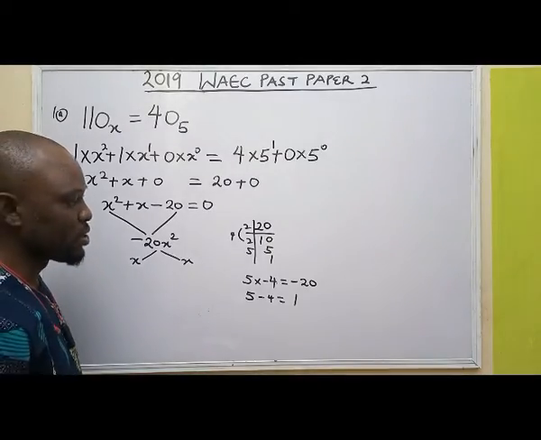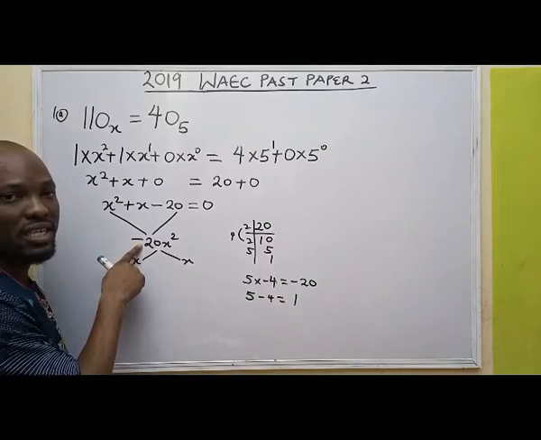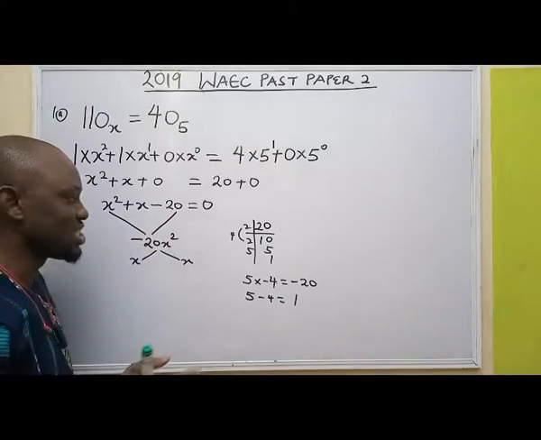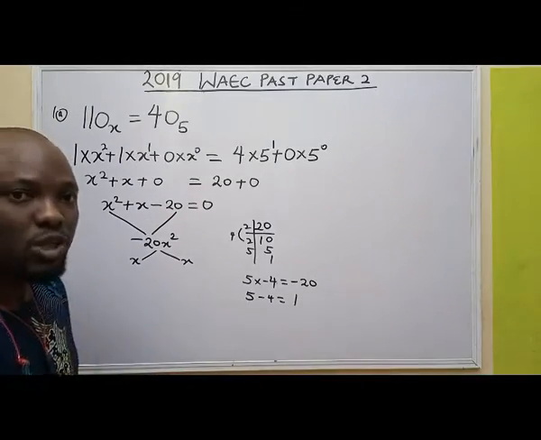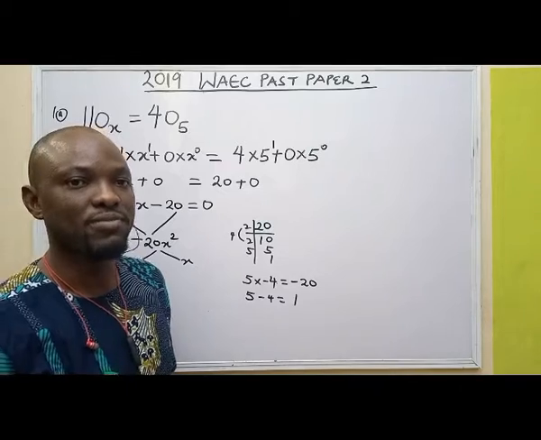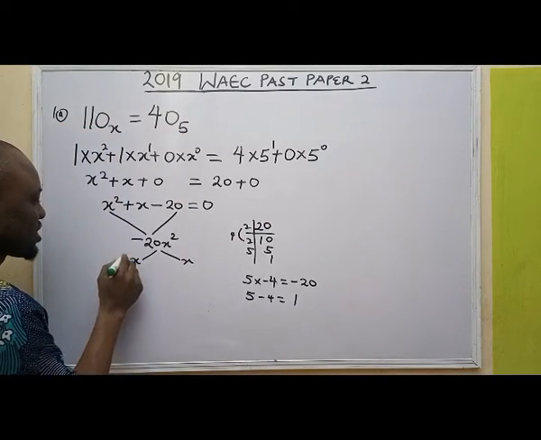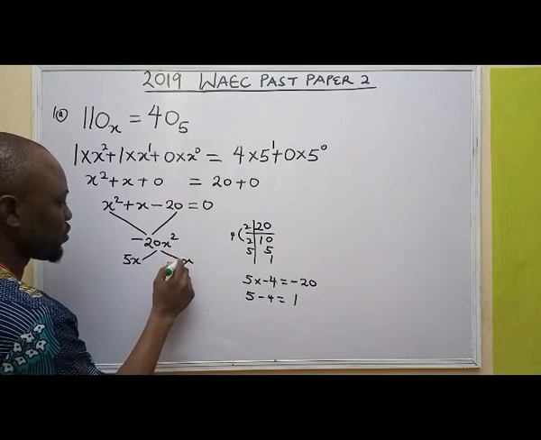Why? Because 5 times minus 4 gives me minus 20, and 5 minus 4 gives me 1. Because what I said initially, look for two factors such that when you multiply them, it gives you minus 20. If you add or subtract the same factors, it gives you plus 1. So therefore, we're going to attach the factors here. This is 5 and then minus 4.